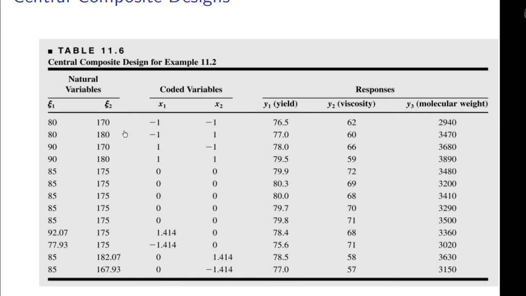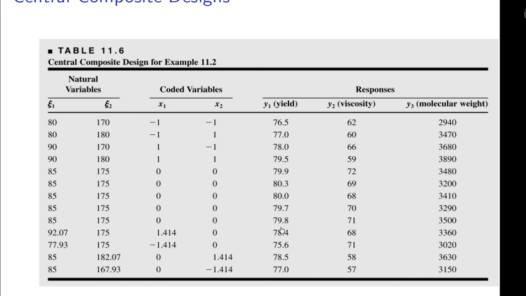Now, the same scale is not used for the second variable. It has its own scaled representation. It's 170 to 180, so -1 is 170, 1 is 180, and 175 is the center. These are the center runs, and then these are the axial runs. So what you see here is in 3 parts: the original fractional design, the n copies of the center runs, and then the axial runs.